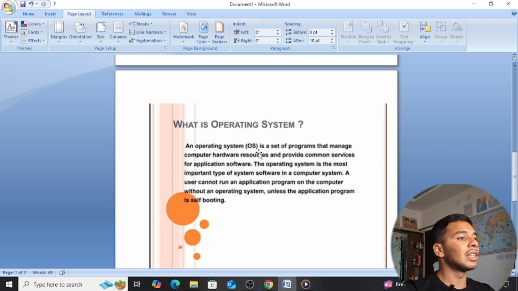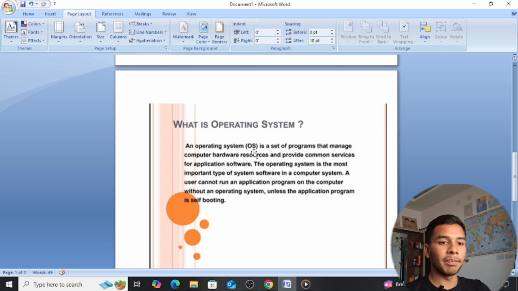So firstly, let's proceed with learning while reading what is operating system. An operating system, OS, is a set of programs that manage computer hardware resources and provide common services for application software. So what does this OS exactly mean?